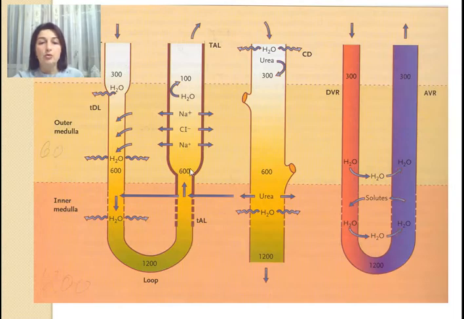Then it flows towards the distal tubule, and in the distal tubule the epithelial cells are impermeable for water, but permeable for sodium chloride ions.